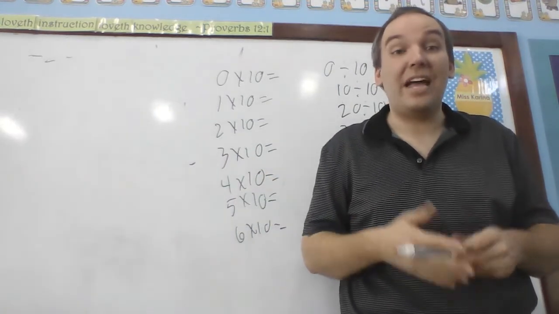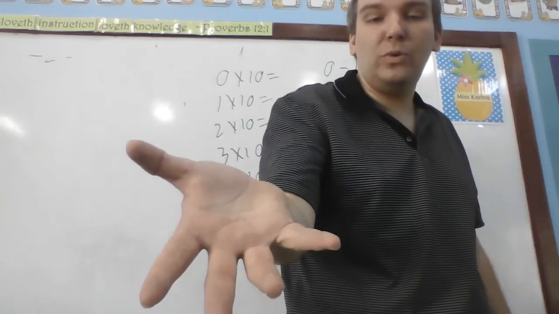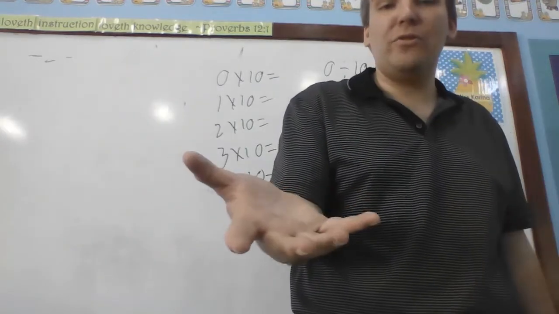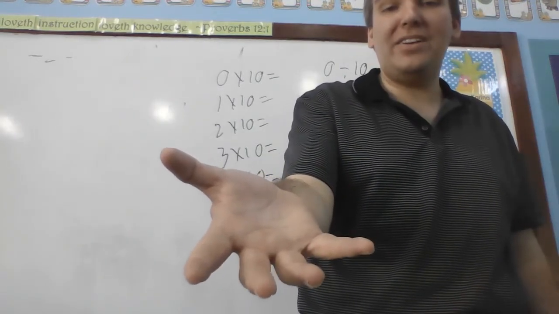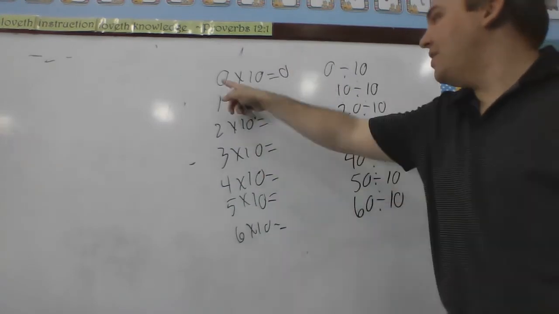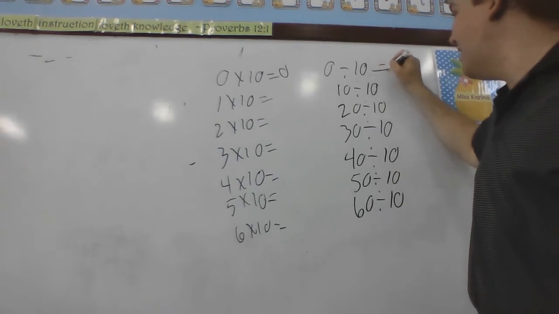Well, nothing, right? Because I have nothing. Here I have no candies. I have no dulces, and I want to split them, and I want to put them in 10 groups. How many candies do I have? Nothing. 0. 0 times anything is 0. 0 divided by anything is 0.